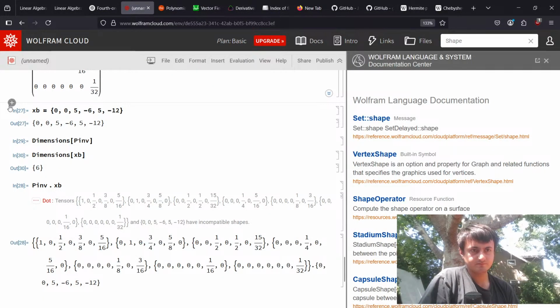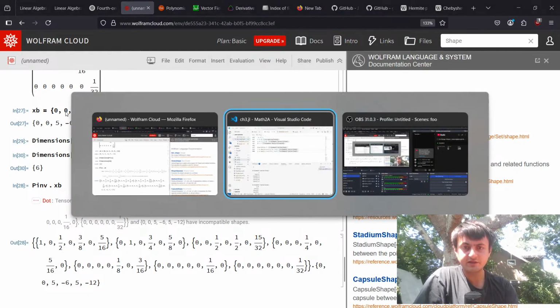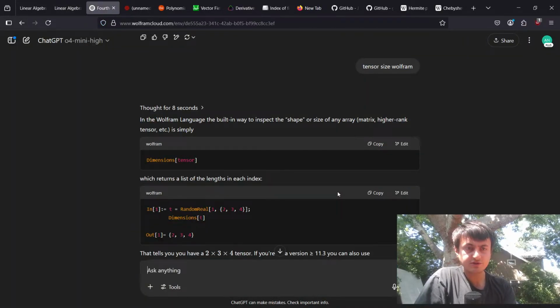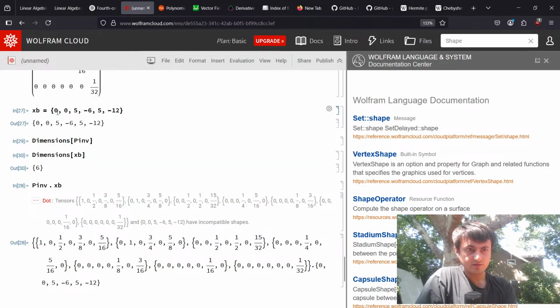Do I need another 0 at the front? 1, cos t, cos squared. Oh yeah, I think I need another 0 because we have cos 3, so I think it's going to be like this.